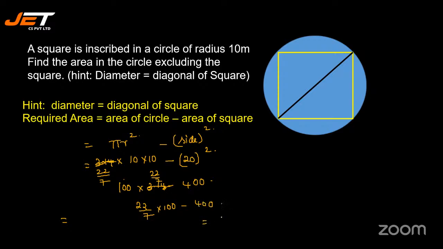So I think we can take LCM. 2200 minus 2800 by 7. So it comes out to the negative. 600 by 7. Right? So let's just try. 600 divided by 7 would be 85.72 meter.